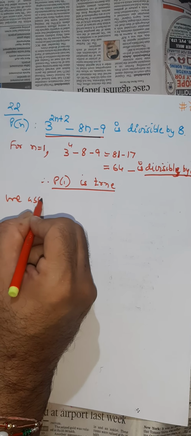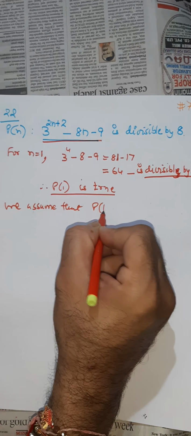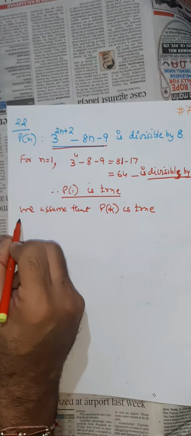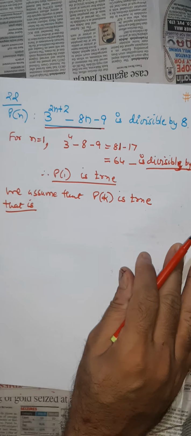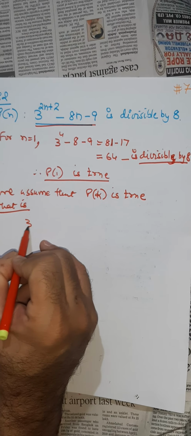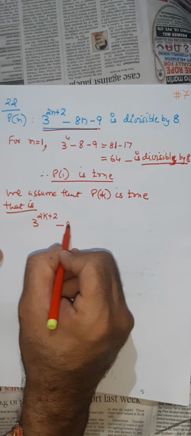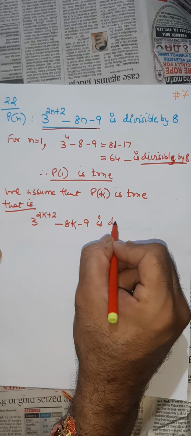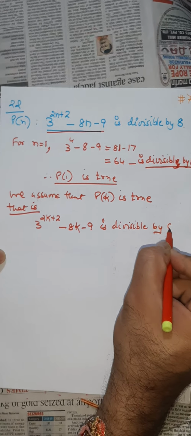So what's the assumption part? We assume that p of k is true. What is the meaning of this? That is, instead of n, you put k in the statement. So 3 raised to 2k plus 2 minus 8k minus 9 is divisible by 8.